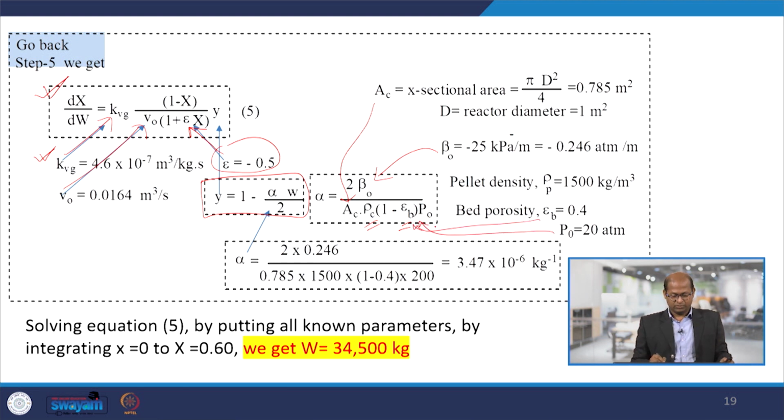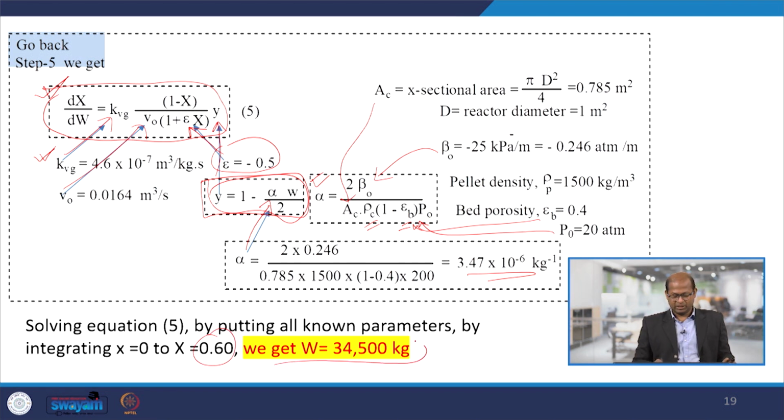If these are known, then we can find the alpha value and substitute here. Then we can find the y value and substitute y here in terms of known quantities, since alpha is known. So 1 minus W and some numerical value would be there, which we can substitute. These differential equations we can solve using an ordinary differential equation solver, say for 60% conversion if you want to get.